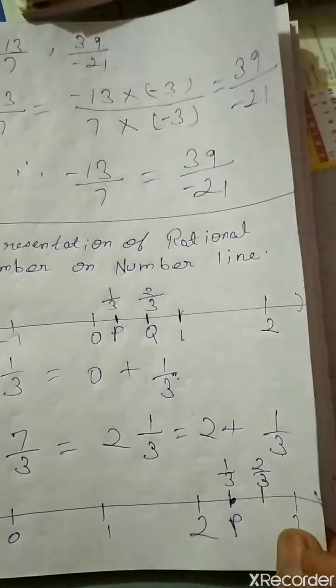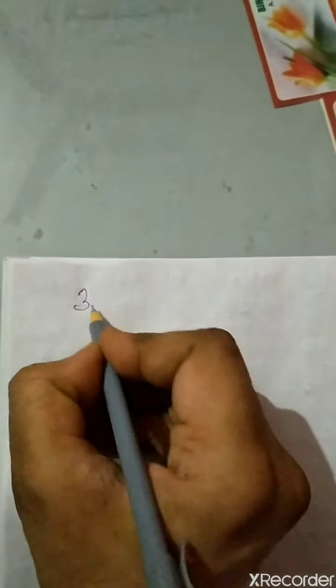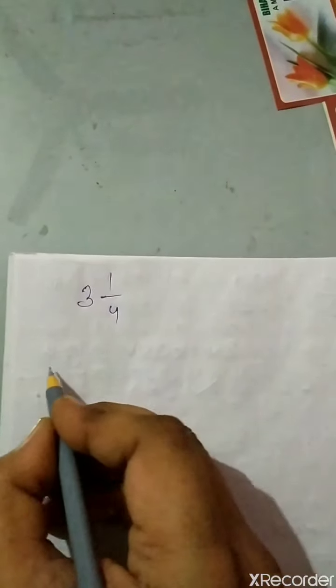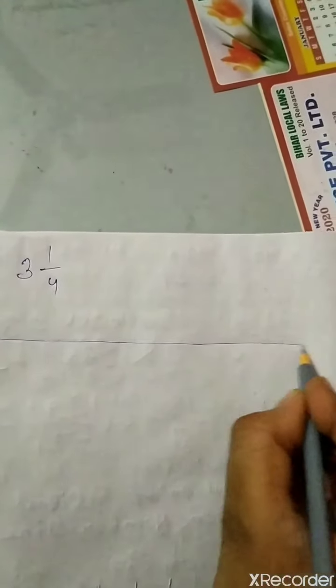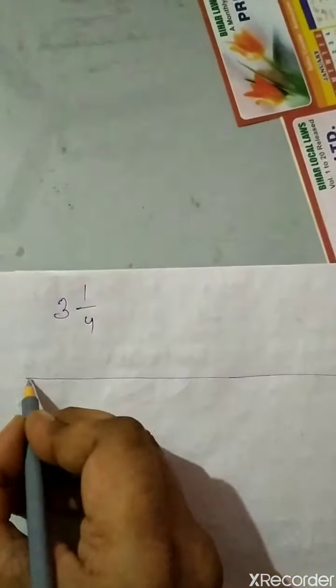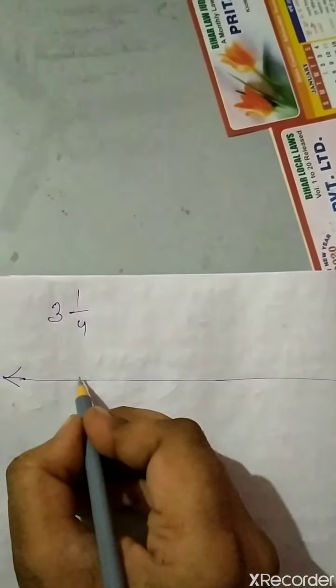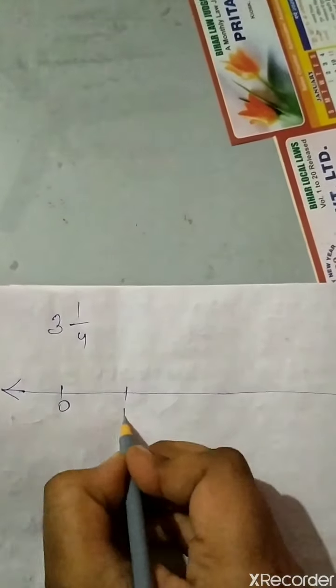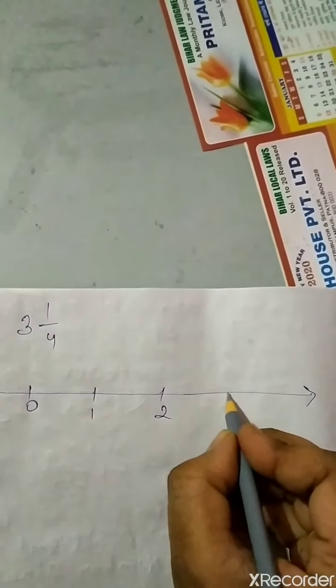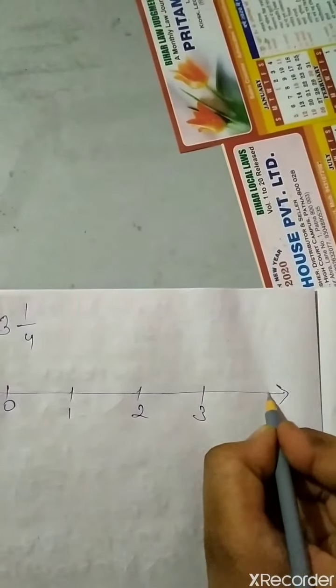Now suppose you have to represent the point 3 whole 1 by 4. You can represent it like that: 0, 1, 2, 3, 4.